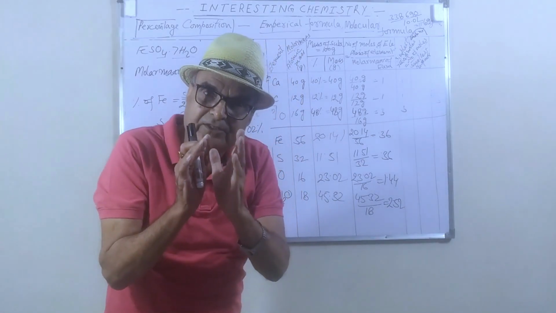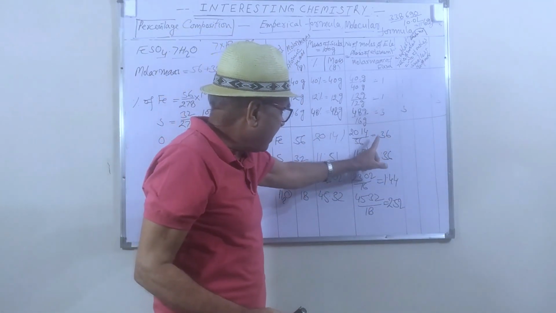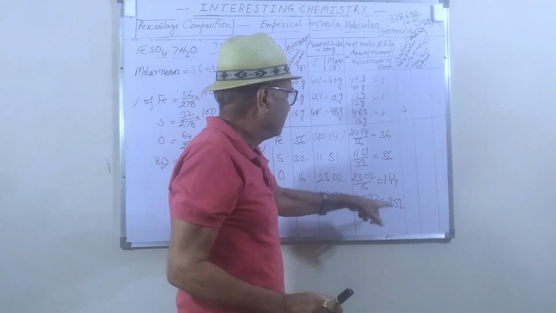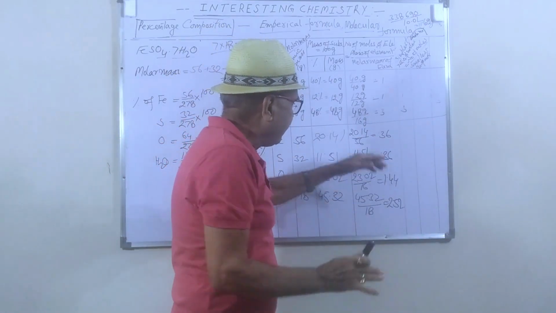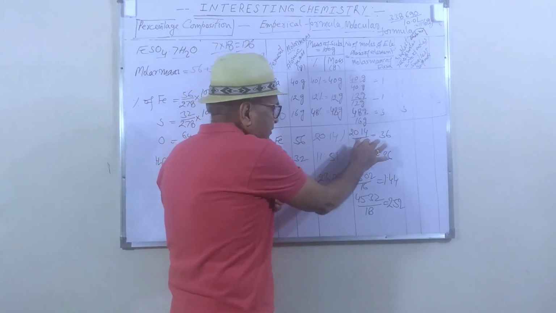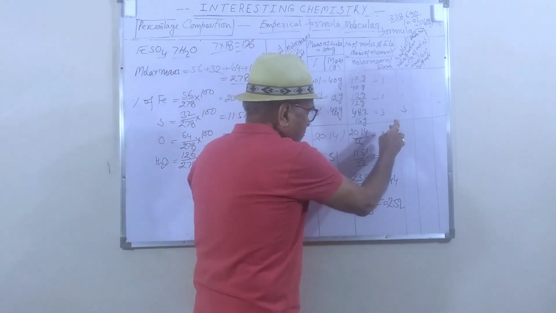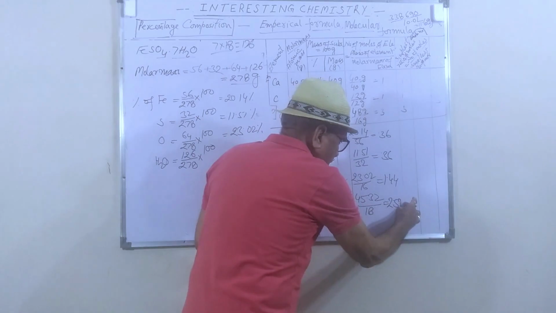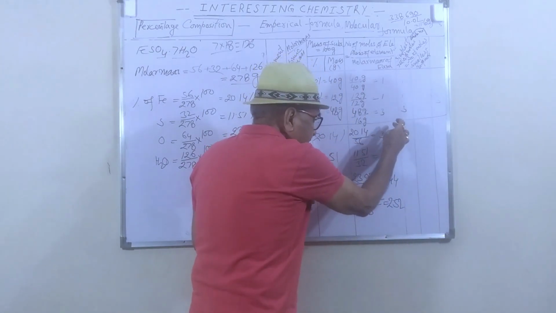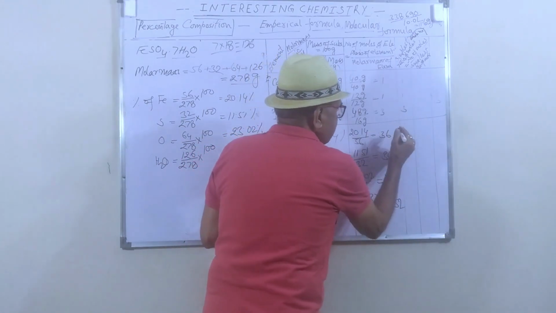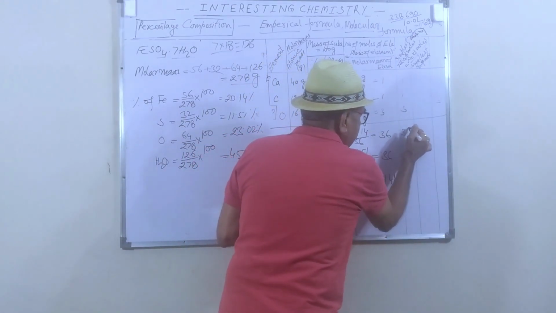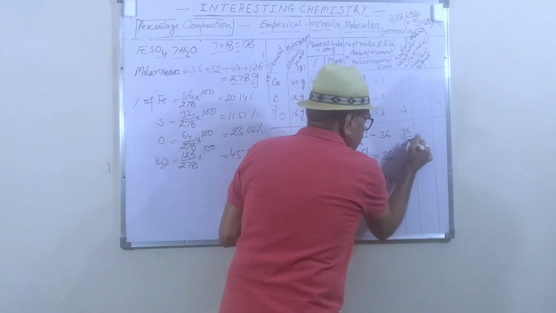How will you get the simplest ratio? Find out the least number of moles in this, and divide. 0.36 is the least among these four values of moles, so all four will be divided by 0.36. You will write here 0.36 by 0.36.